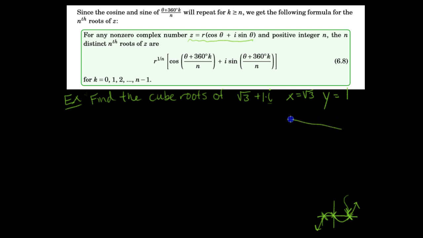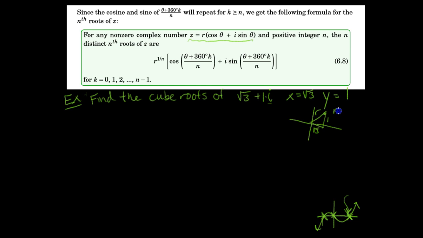So plot the x and y. Sorry, that's kind of crooked. They're both positive, so I'm going over root 3 units and up 1 unit here. And if I calculate the hypotenuse, well, you don't even need to calculate the hypotenuse. Oh, yes, you do, to convert to trigonometric form. So you need to find r.